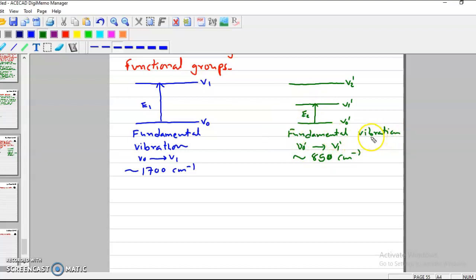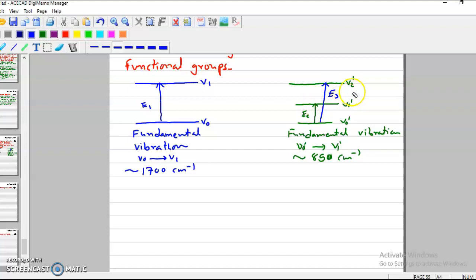Now this functional group may absorb more energy, so that the vibration mode brings the molecule from V0 prime to V2 prime, like this, and the energy required is maybe E3.